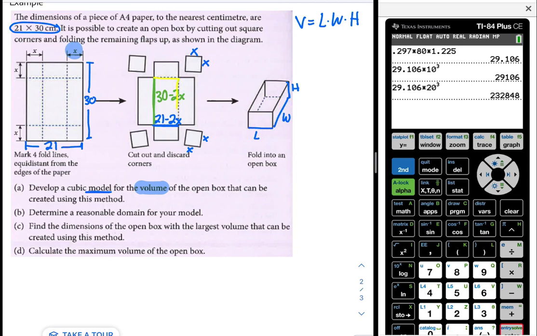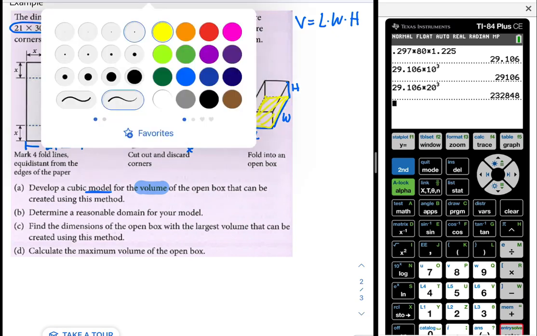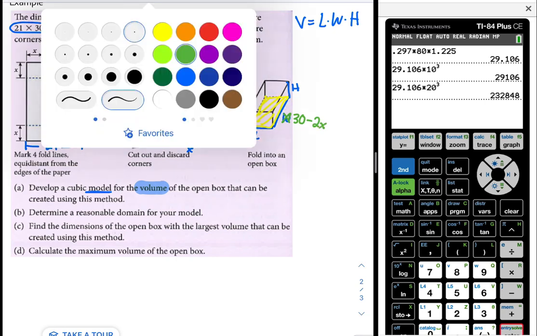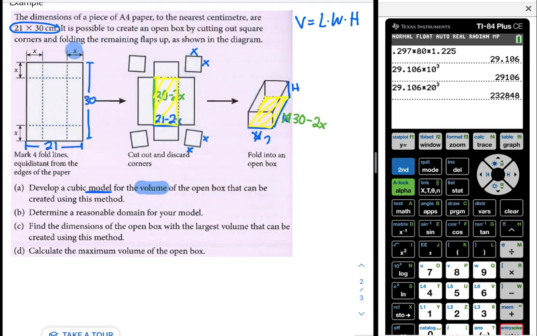So this rectangle corresponds to the base of our box. So now we're able to represent our width and our length using x. So our width is actually 30 minus 2x, and our length is 21 minus 2x.